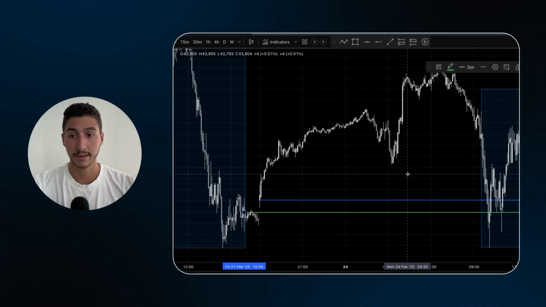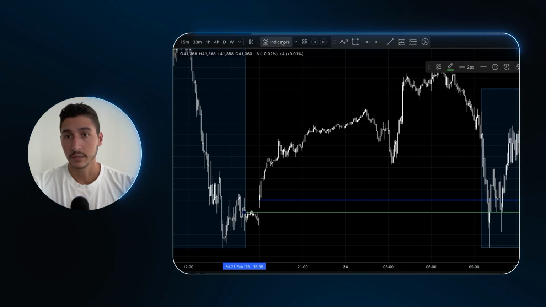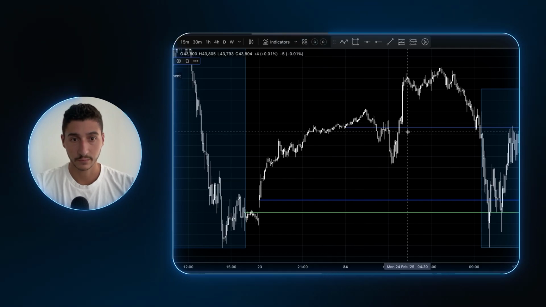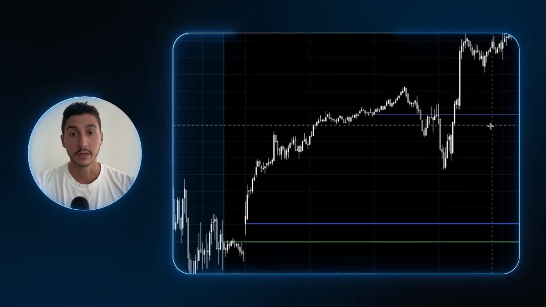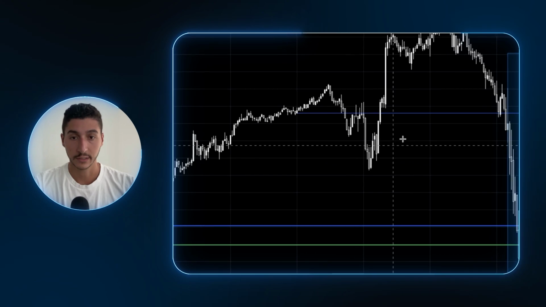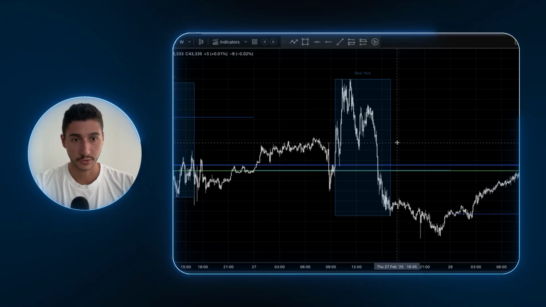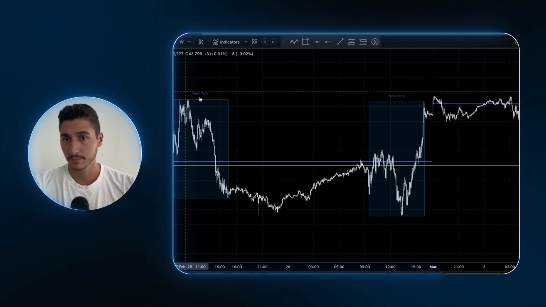That green line is the gap fill. And then we have the midnight opening price, which is actually above in this case. But these are certain levels, like in the other example, which I'll actually just go back to quickly, just so I can show you what exactly I'm talking about.